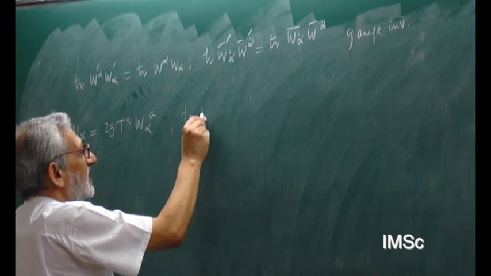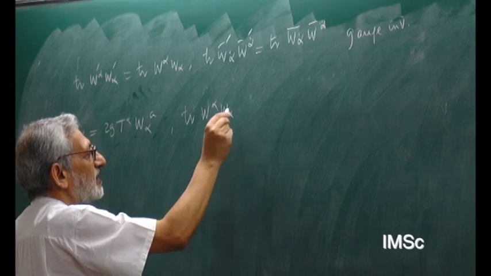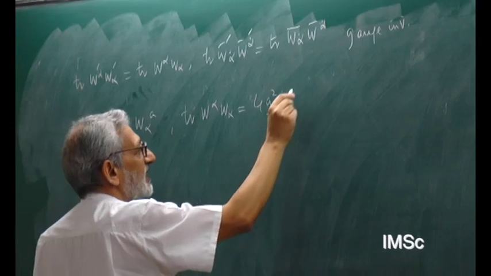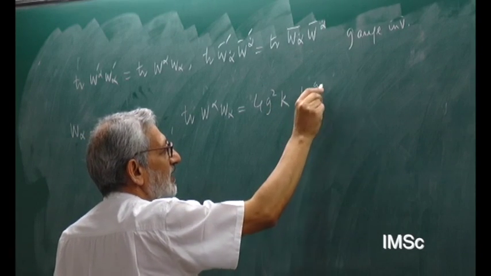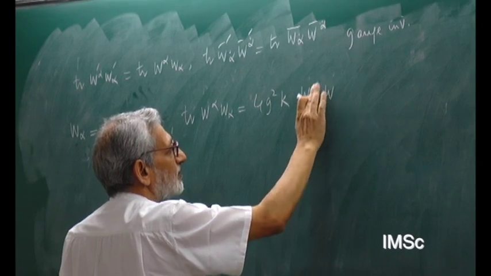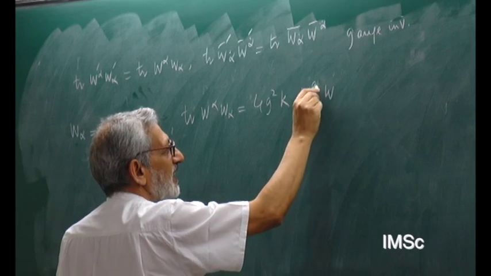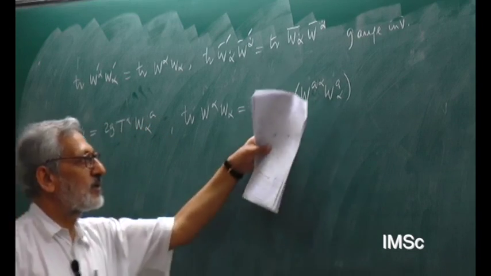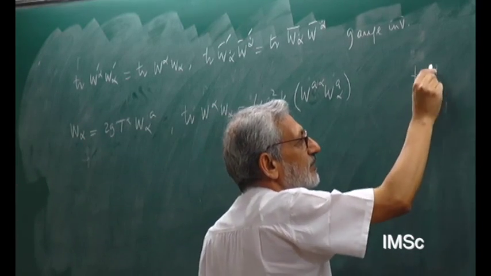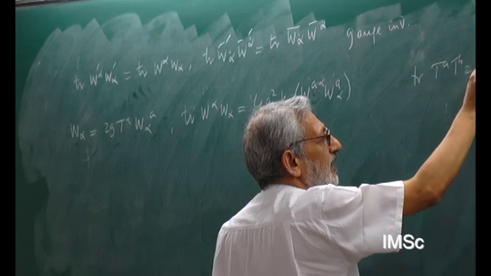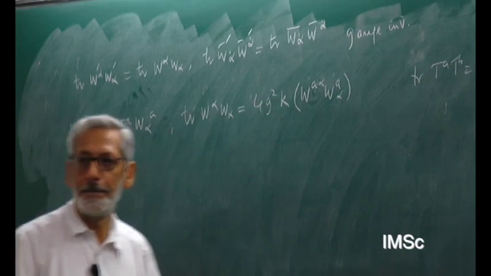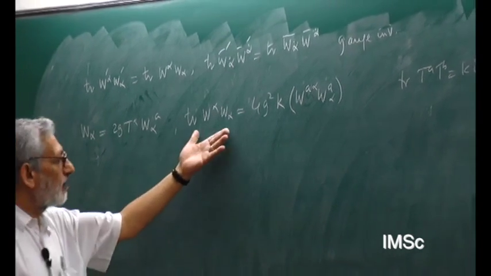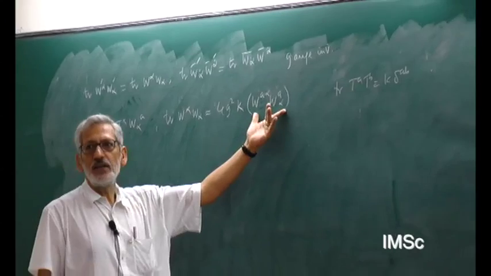Then the trace of W alpha W alpha is 4g squared k W alpha A W A alpha. k was that trace of T^A T^B is k times delta AB. So which means I could write this in my action.